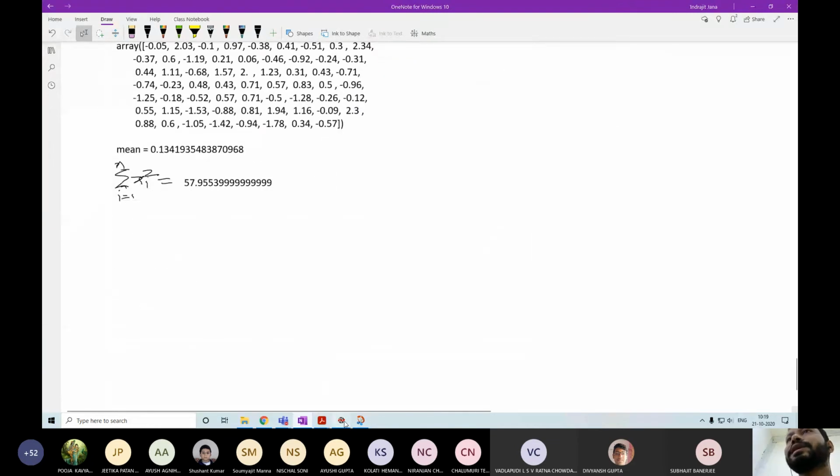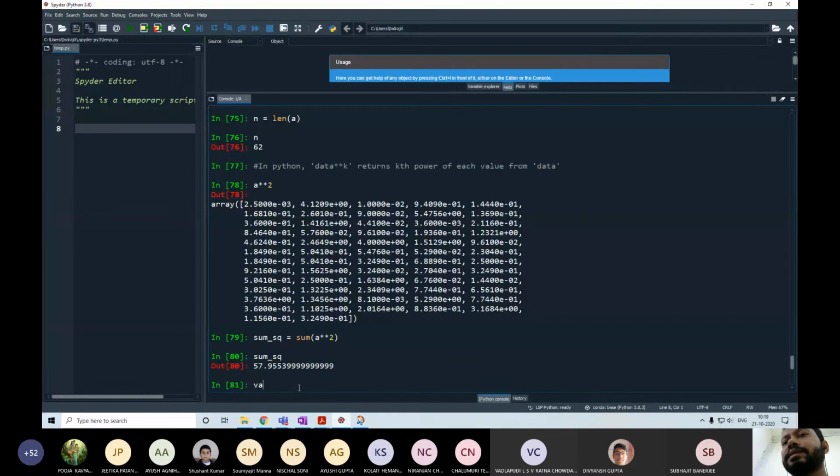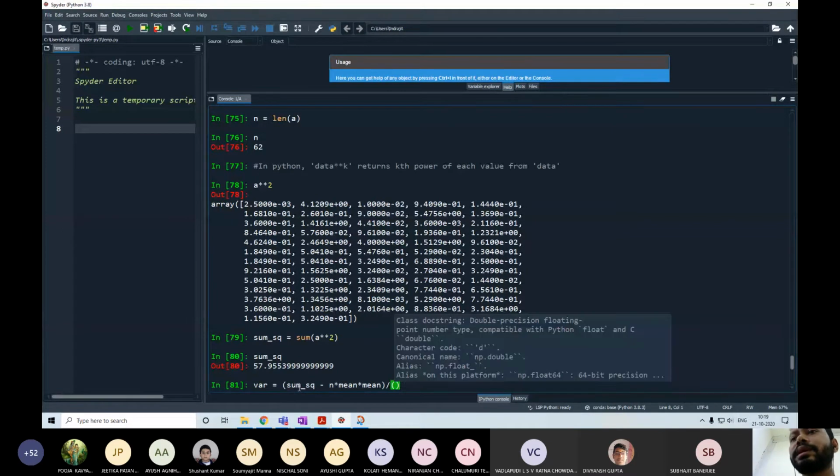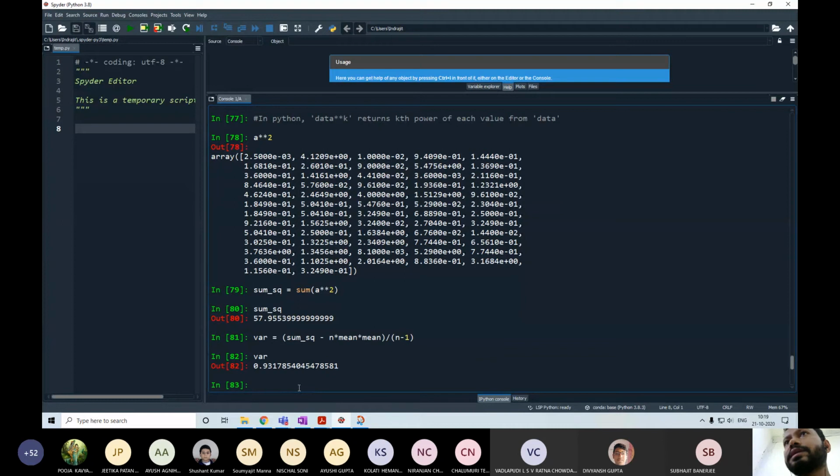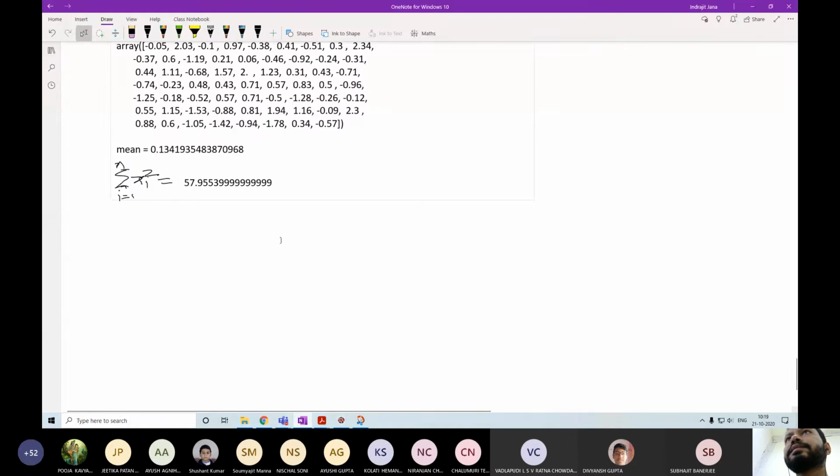Let's do that in a single step. So the variance is going to be this sum square minus n times mean square, divided by n minus 1. So that's the variance. The sample variance is going to be this one.